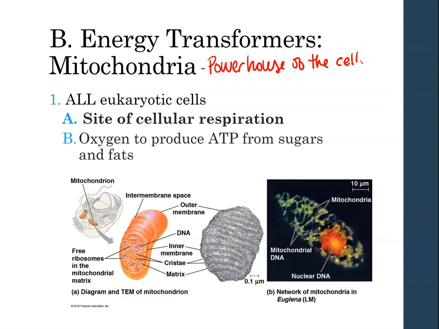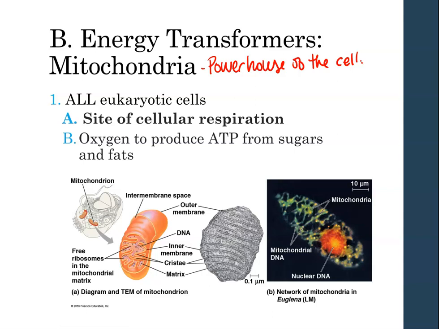It is taking oxygen into the cell, and that oxygen is used to produce energy by breaking down fats and sugars. So we get our energy stored in sugars or fats, whether we eat them in our diet if we're animals, or absorb them from the ground if we're fungus, or if we collect it from the sun and convert it ourselves.